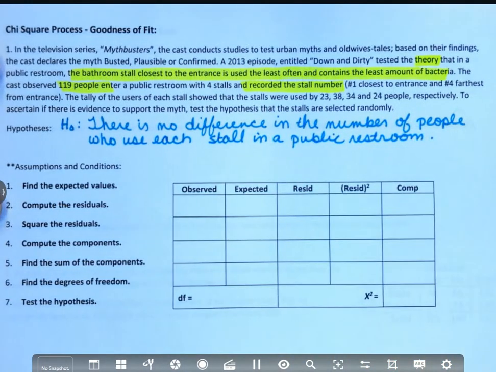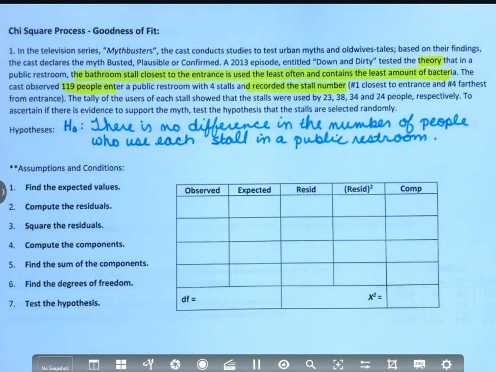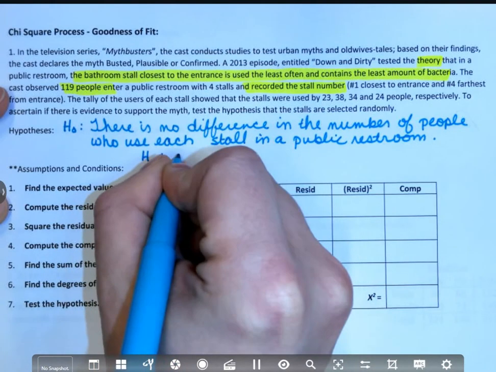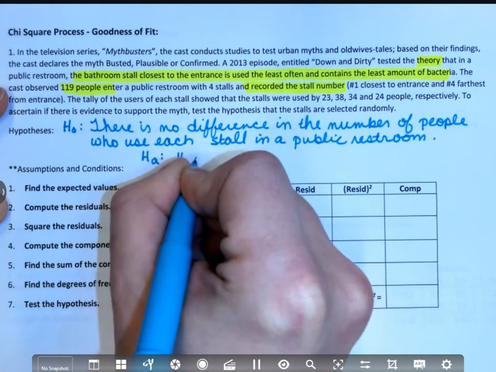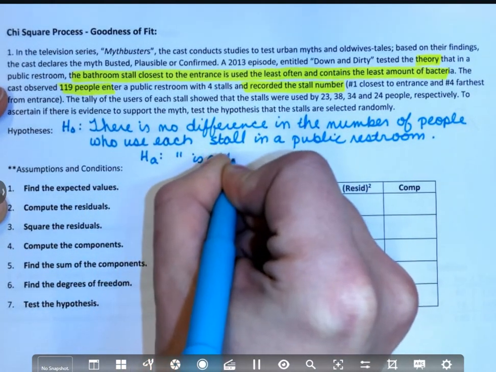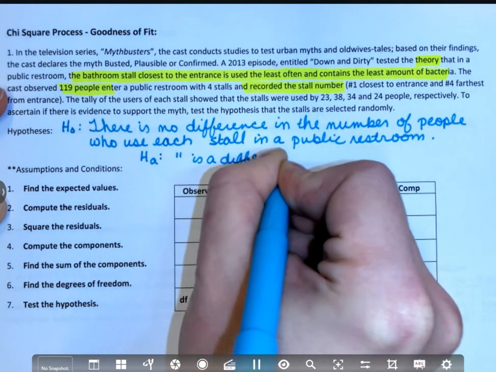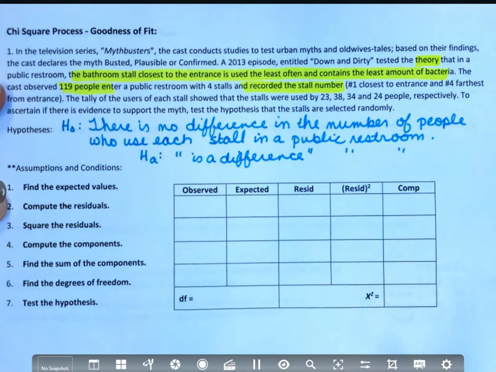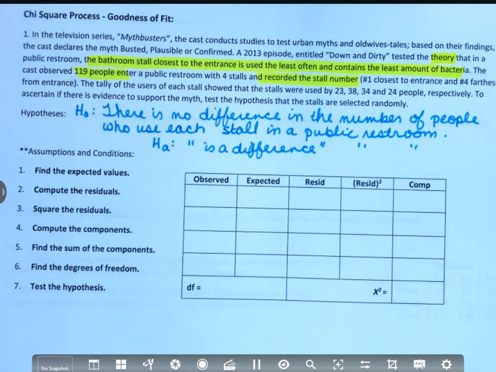It's not a fun hypothesis to write because there are a lot of words. But you want to see how nice the alternative is? Watch the alternative. I say there is a difference. And then just drop the quote marks.